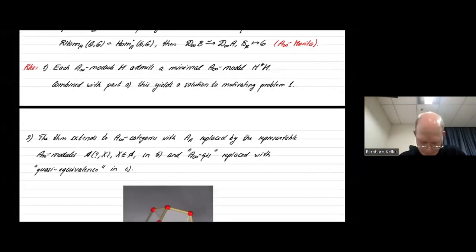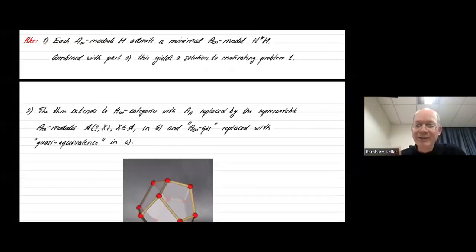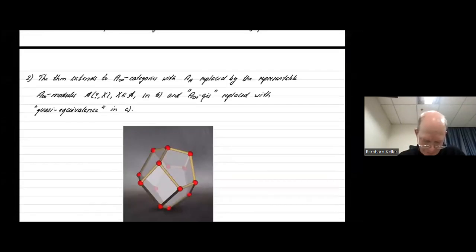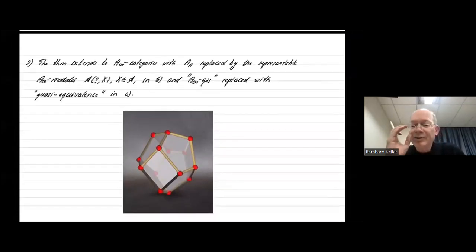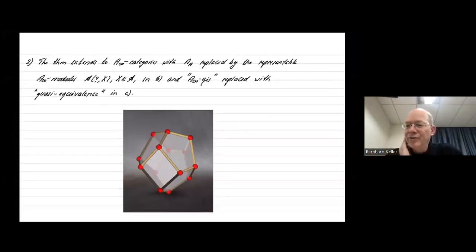And this is the end of this lecture. So we see that things are quite similar. In summary, things are quite similar to what is going on for DG algebras, DG modules, and DG categories. So the overall behavior is similar.